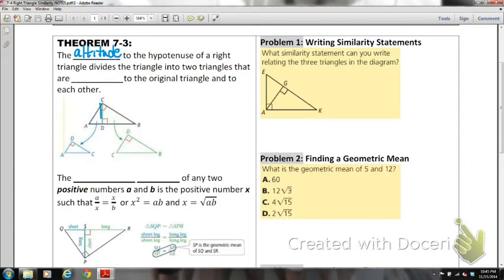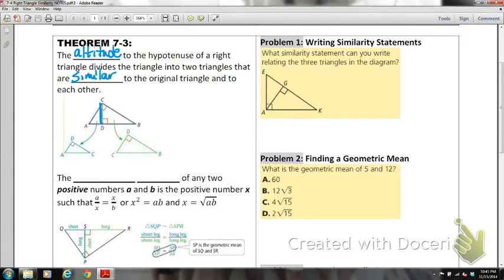So we're looking at that segment that's going from vertex C perpendicular to the opposite side, which gives you segment CD.